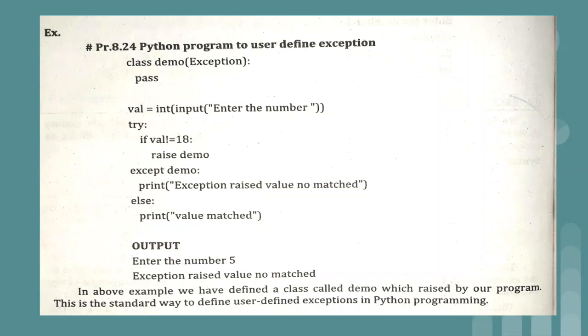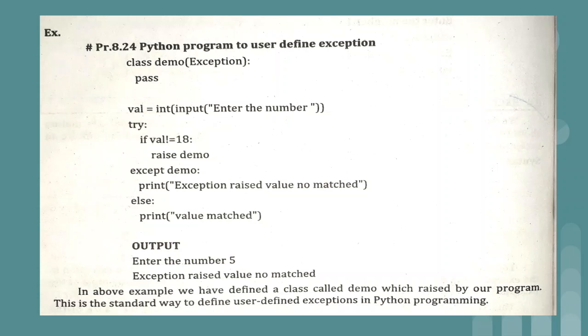So if val is not equal to 18, we raise Demo. Demo is nothing but the exception which we have created, that is the user defined exception. So raise Demo, then except Demo, and then we have printed the statement: exception raised, value no match. This means we were expecting one value which the user has not entered, and this is the reason why I want to raise the exception. So this is the reason why except Demo.